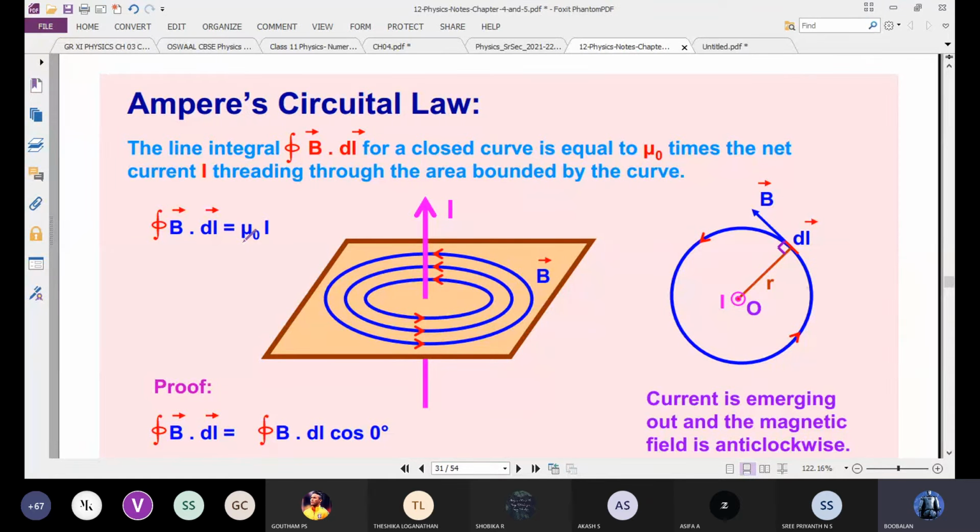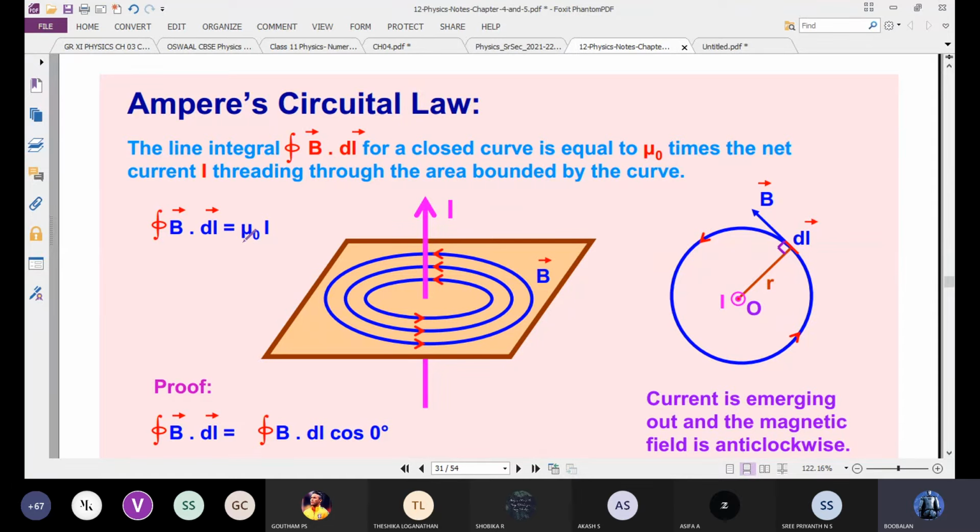Gauss law formula: phi is equal to Q by epsilon naught. So Gauss law is the alternative form for Coulomb's law. Same, it is applicable for magnetic also. That is electrostatics, this is magnetic. For magnetic, Ampere's circuital law. So this is the alternative method of Biot-Savart law.